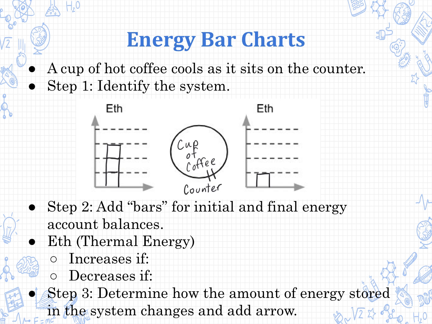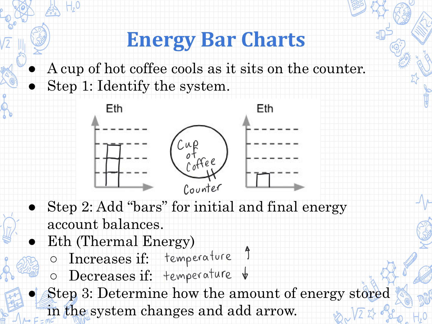Then we think about what happened in the system. And we're talking about thermal energy right now, which is energy associated with heat or temperature changes. So thermal energy is going to increase if the temperature increases. And it's going to decrease if the temperature decreases.